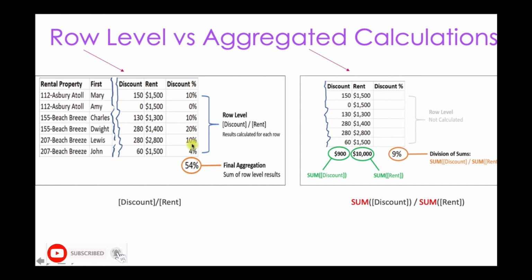Okay, you have extended the table using this calculation, and whenever you pull this field in the visualization, by default Tableau uses the sum aggregation. So it will sum the row level results, right? So it will sum up all these values. So 10 plus 10 is 20, plus 20 is 40, plus 10 is 50, plus 4 is 54. So that's why it's showing the 54% result for the row level calculation.